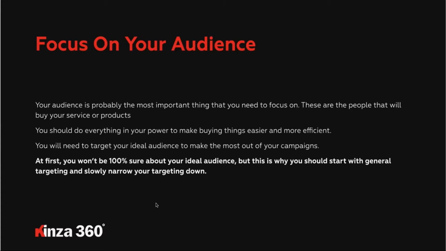And you'll need to target your ideal audience to make the most out of your campaigns. At first, you won't be 100% sure who your ideal audience is, right? But this is why you should start with general targeting and slowly narrow your targeting down. This is very important because it's going to come back to your audience, even if you're the product owner listening to this or the affiliate, because this is going to be your sweet spot to actually start making money with native ads.